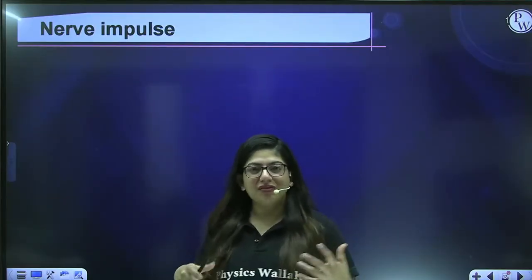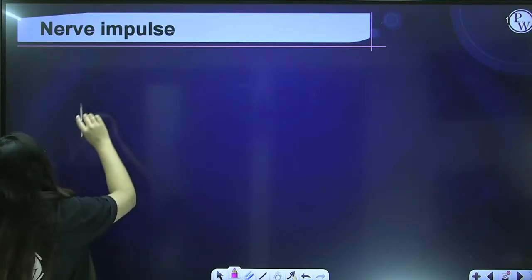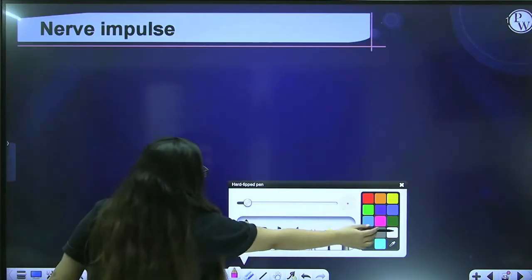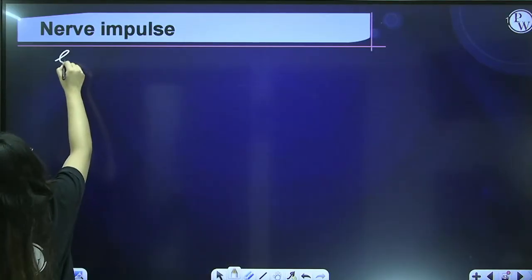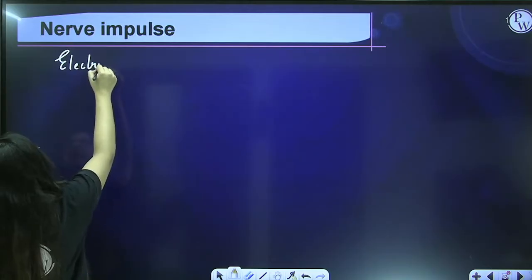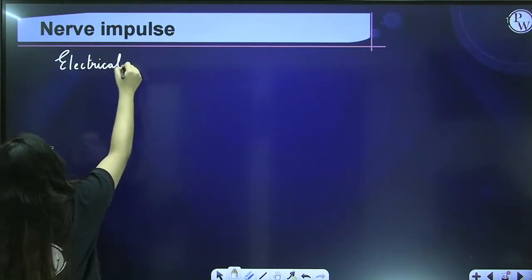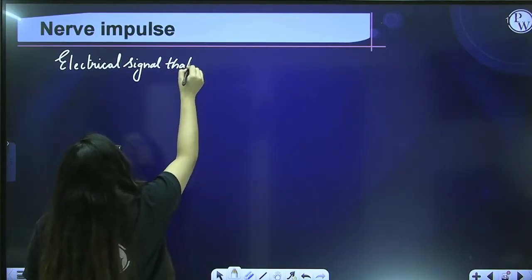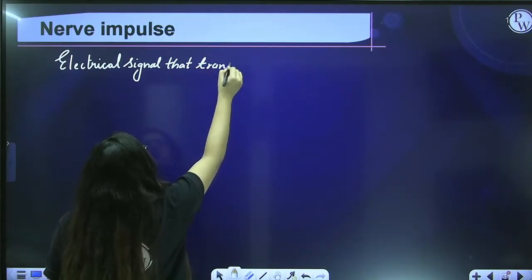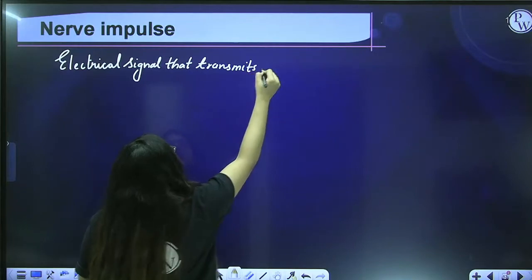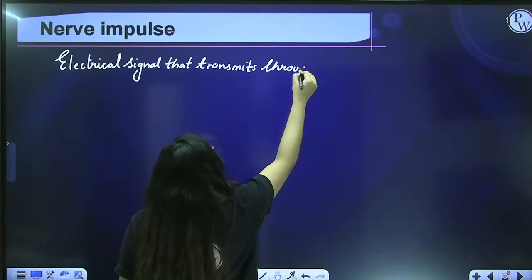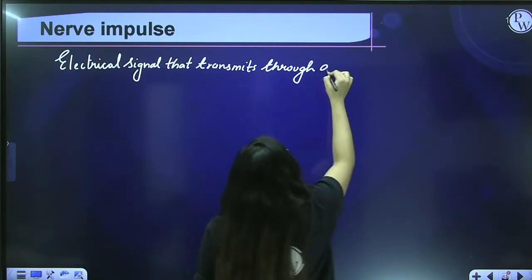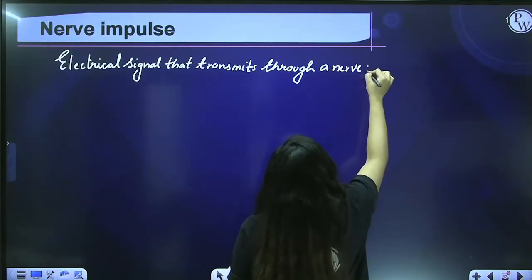So it's basically the electrical signal that transmits or travels through a nerve membrane.